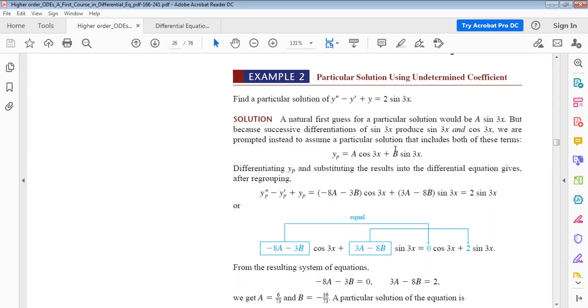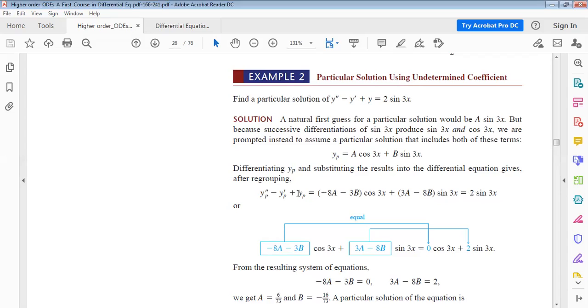Now differentiating yp, first differentiation with respect to x on both sides, we get the term, and again the double differentiation of this. Then putting here, just like the before example, double differentiation below, first differentiation below, then the right hand side.